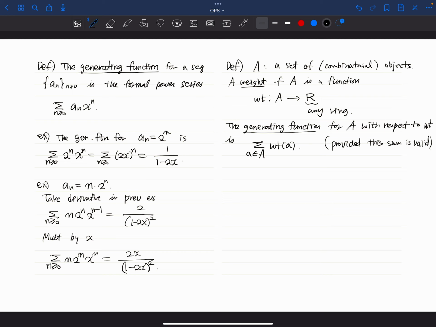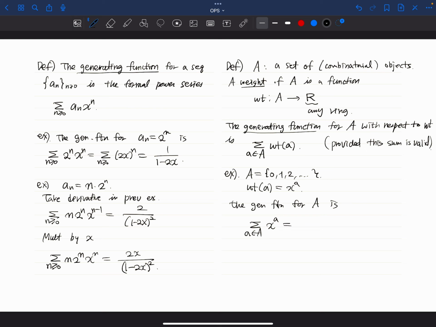So, example. A is, let's say, just the set of all non-negative integers, and we define the weight of a to be just x to the a. Then the generating function for A, with respect to the given weight, is by definition the sum over a in A of x to the a.